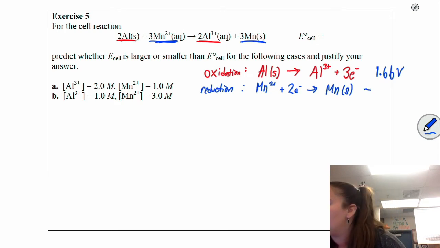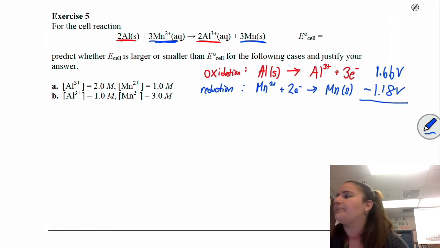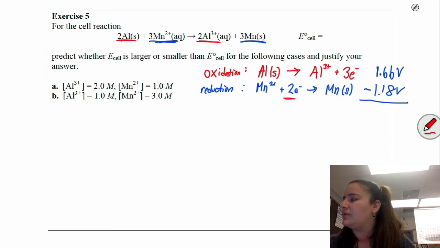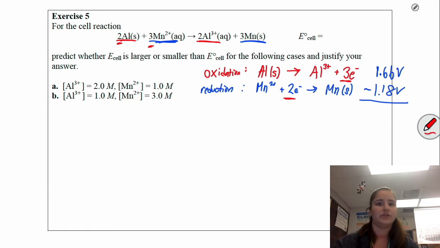So we have negative 1.18 volts there. And you can see how we have the 2 and the 3 electrons. That's where, when you balance it out, you get the 2 and the 3 coefficients. So our standard cell potential for this cell is 0.48.